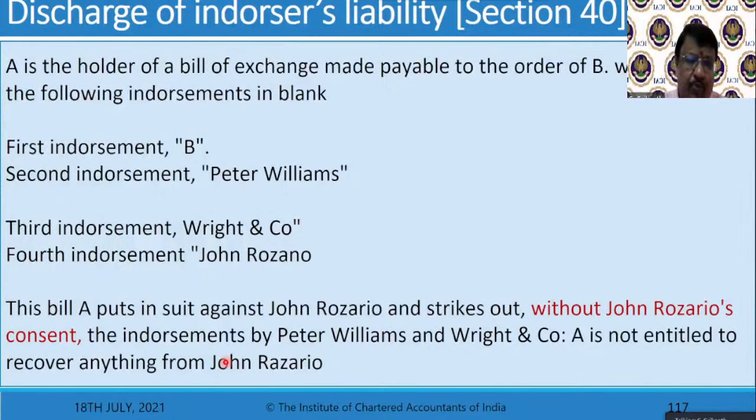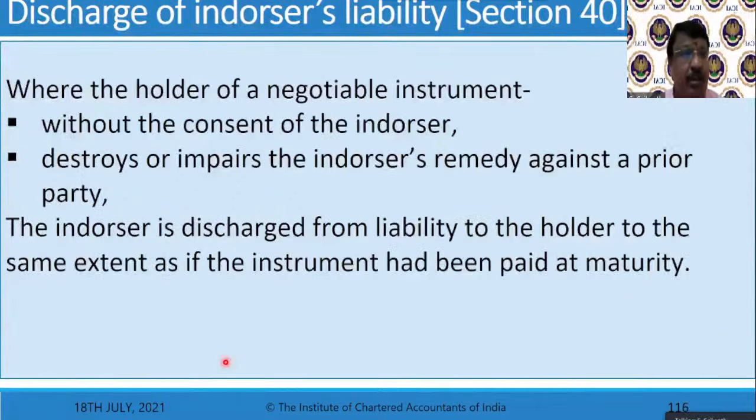Now, this fellow A cancels the name of Peter Williams and Right and Go without John Rosario's consent. He strikes out Peter Williams and Right and Go. What has he done? He is the holder, and without the consent of the endorser, he destroys or impairs the endorser's remedy.